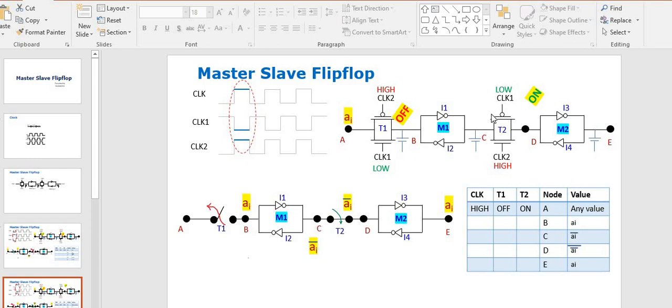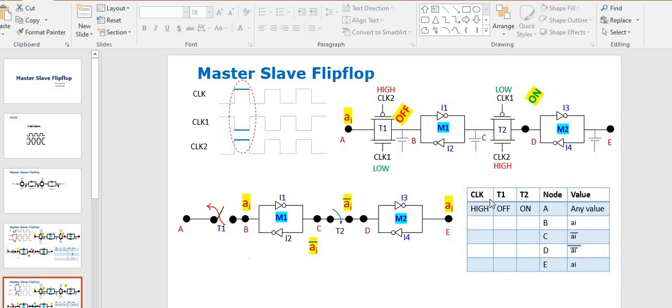It is not able to discharge the entire value to 0. Discharging to 0 means from 1.8 volts you need to get to 0, but because the clock went high and you do not have enough time, it has discharged only to 2.9.